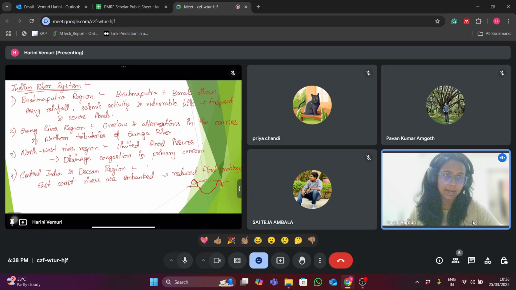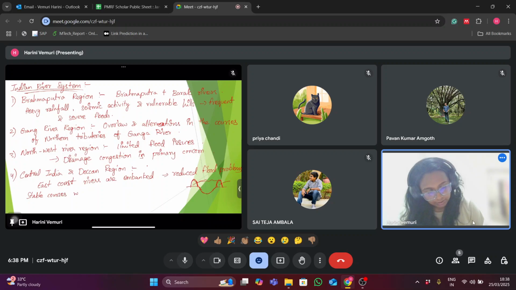These are called embankments, and this will reduce the flood problems. It also has stable courses with adequate natural bank capacity, except in delta areas.